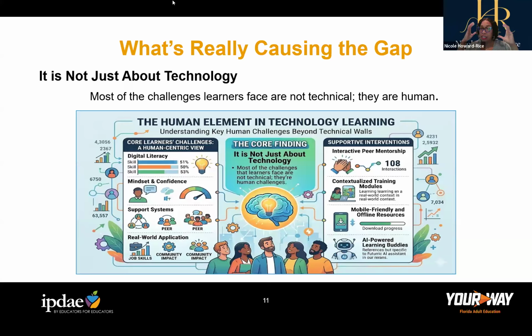And then you have that cognitive overload that's like, oh my gosh, it's too much information. I'm being inundated with tool after tool after tool, and I'm just like, no, I'll walk away from all of it. That's how we feel, even as educators.